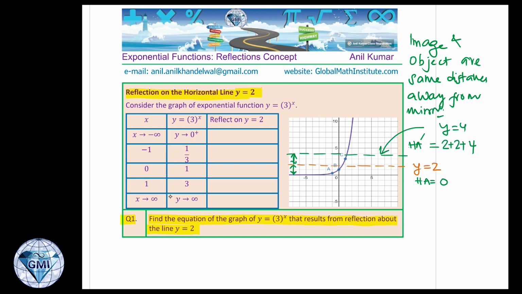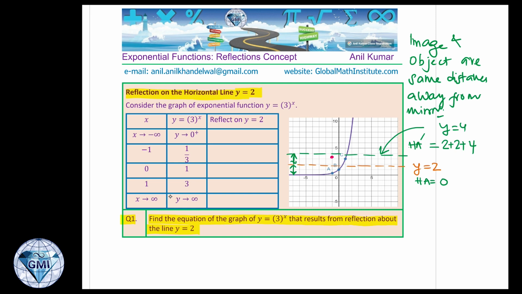So the point which is A for us, where will that be? Let's try to figure this out. Well, this point A will now be reflected on the line. So it was 1 over 3 above the x-axis, now it will be 1 over 3 below the y equals 4 line. You get the idea.